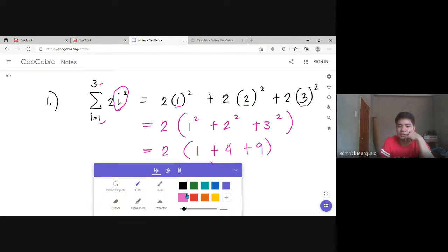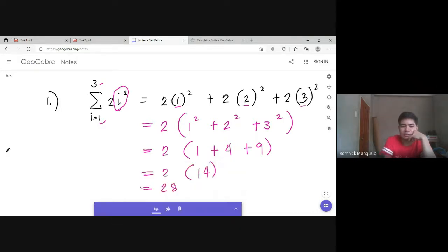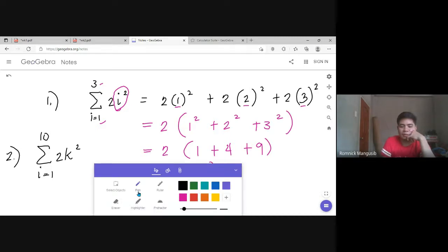Pero in contrast to that, usually baka ma-confuse kayo, may mga problem na hindi na, halimbawa ito, 2k squared from I starting from 1 to 10. Let's say 1 to 3.